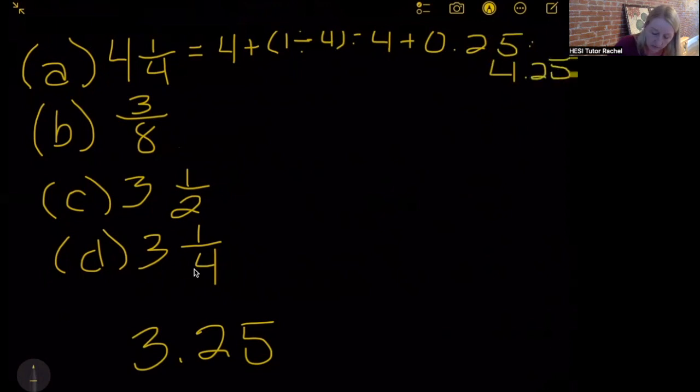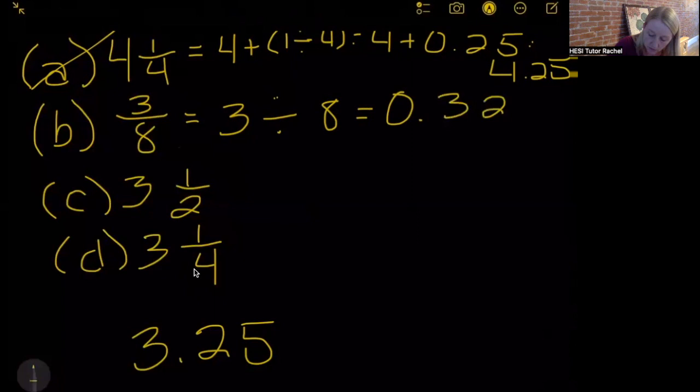So that is not correct. 3/8 is equal to 3 divided by 8, which is equal to 0.375. Looks really similar, but the decimal point is in the wrong place, so don't get fooled by that. This is 0.375, not 3.25. Different thing, also not correct.